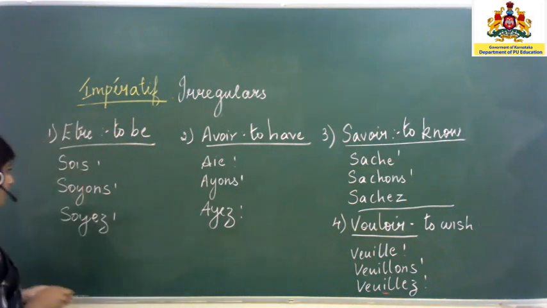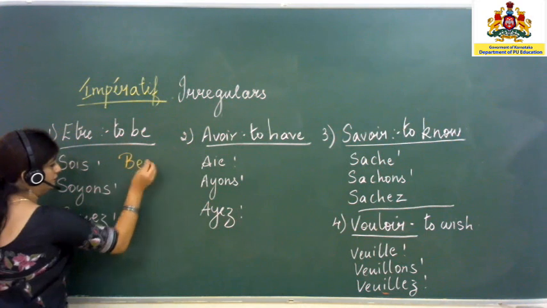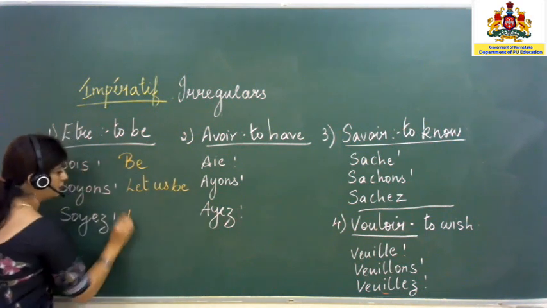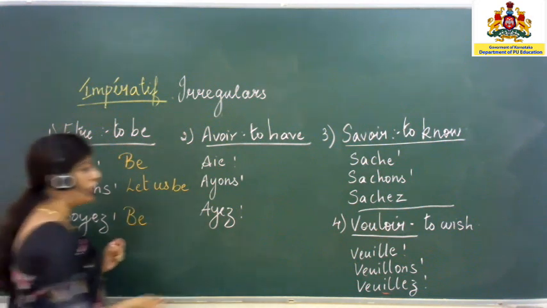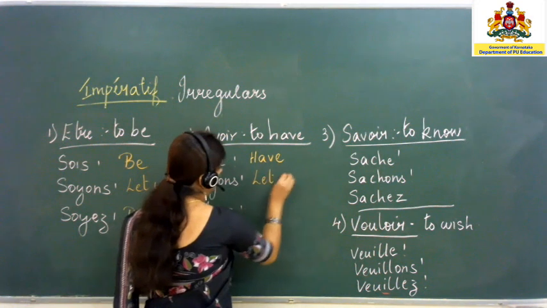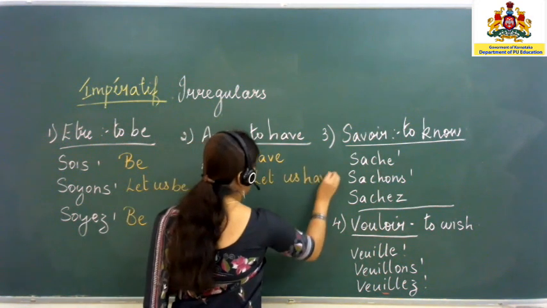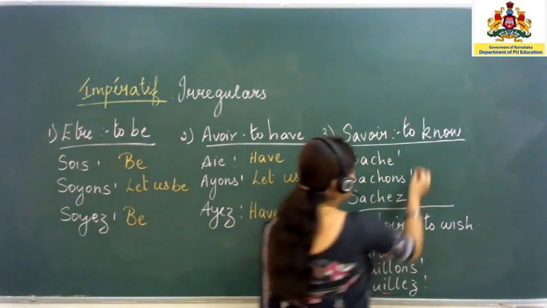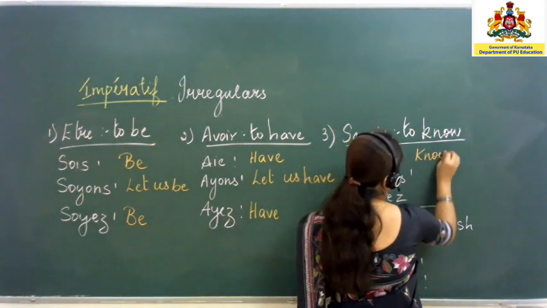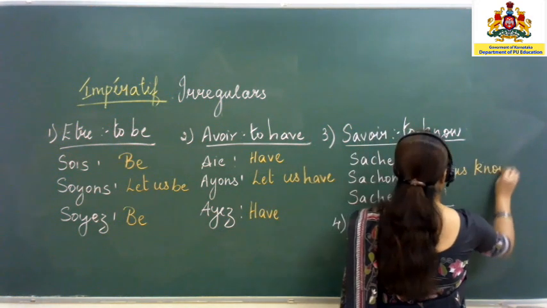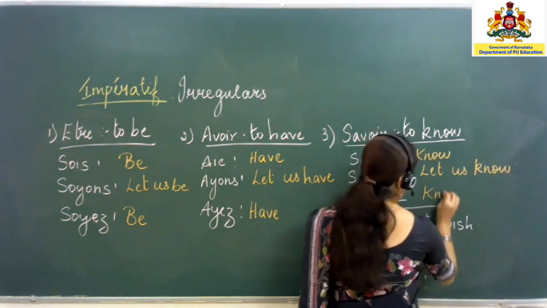So what does it mean? Être will be, let us be. Avoir is going to be have, let us have. Savoir is know, let us know, and know.